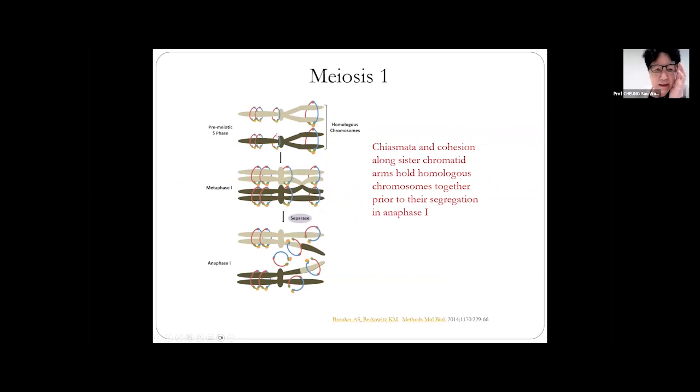So the chiasmata, as I mentioned, is the crossing over, like here, and cohesin along sister chromatid arms holds homologous chromosomes together prior to their segregation in anaphase 1. And this became very important, the cohesin holding the chromosomes before they divide.